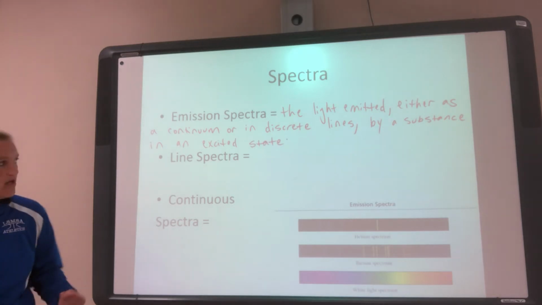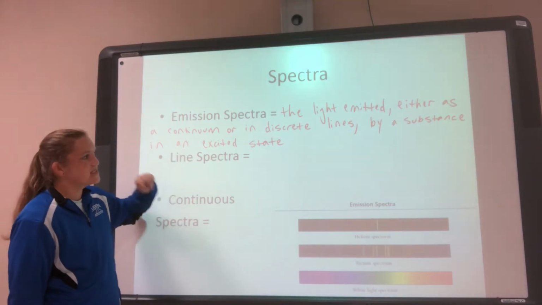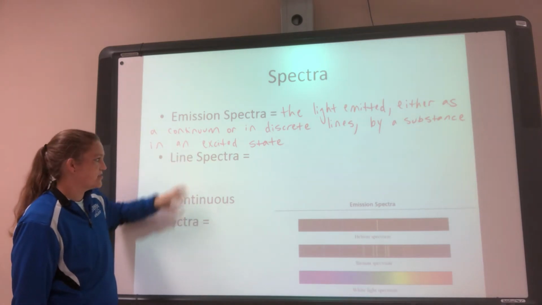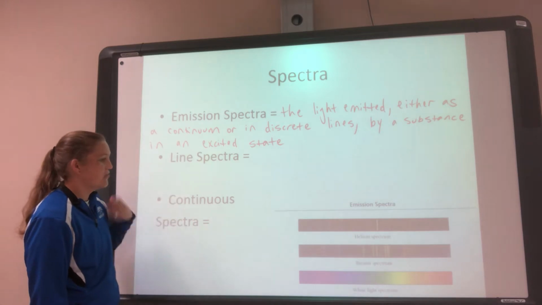So the light emitted by a substance in an excited state is either going to be a continuum or it's going to be in discrete lines. So those are the two types of emission spectra we can get.